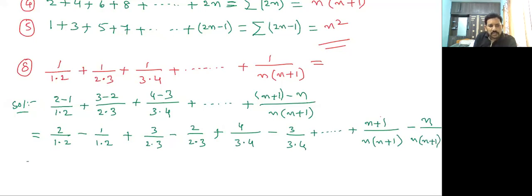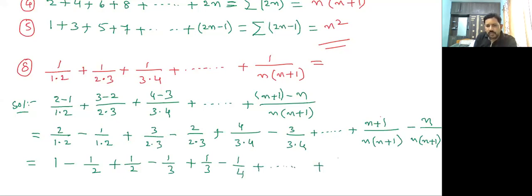Now see here, 2 by 1 into 2: the 2 cancels, giving 1 minus 1 by 2, plus 1 by 2, the 3 cancels, 1 by 3, 1 by 3, 1 by 4, and so on.